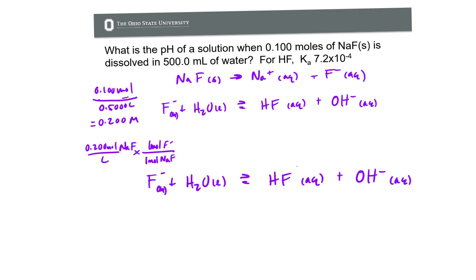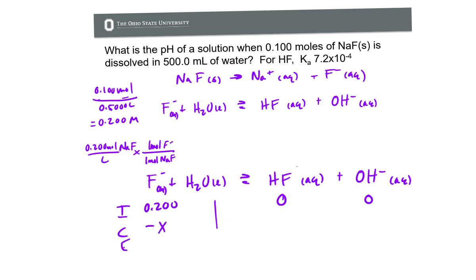So we're going to do an ice table, like I said. 0.2 moles per liter to start with F minus. We're not going to worry about water, it's pure liquid. We're starting with 0 moles per liter of products. There is no HF in solution initially. We're only putting in sodium fluoride and no initial moles per liter of hydroxide.